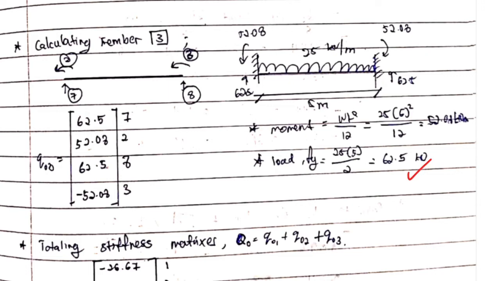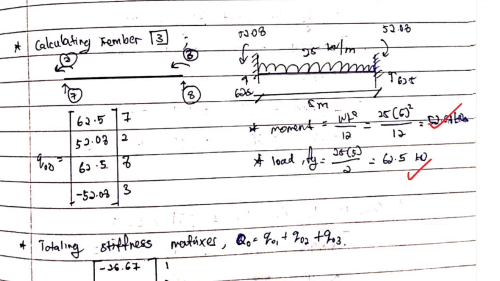Moment is WL squared over 12, which is 52.08. Okay, so this one is correct.